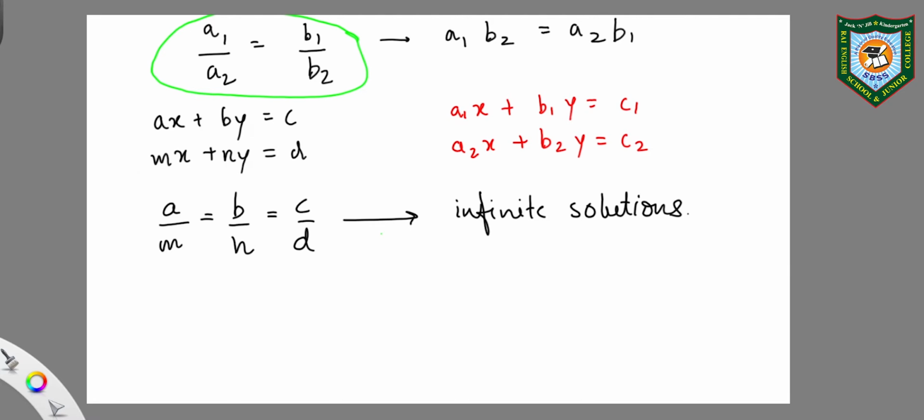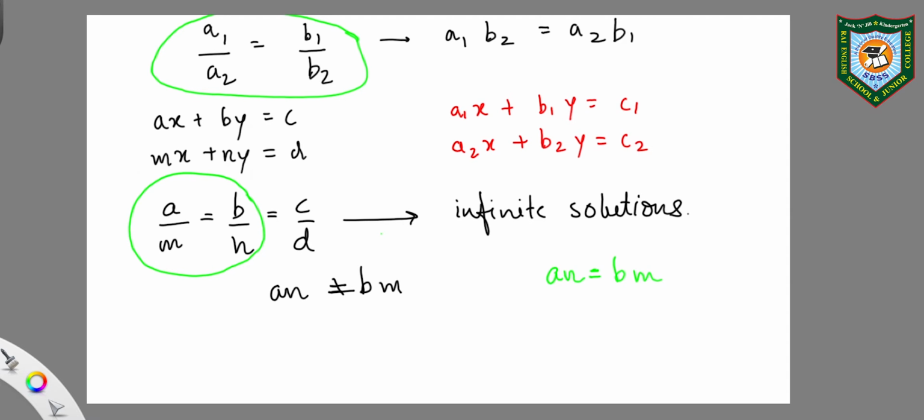Now back to our question. Our question says that I want an not equal to bm, but in this case if I isolate this ratio, then I will get an equals bm. Therefore this is not what the question is asking, and infinite solutions cannot be the correct option. So moving on to our next example.